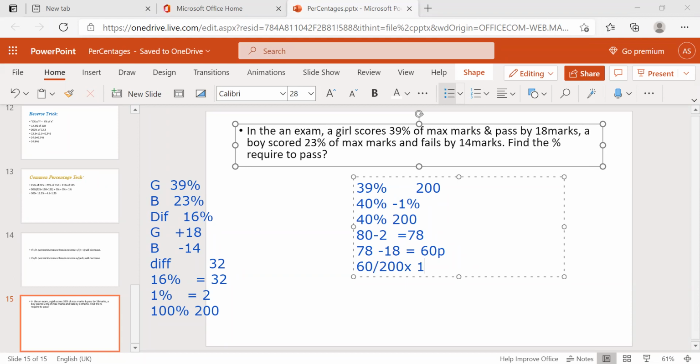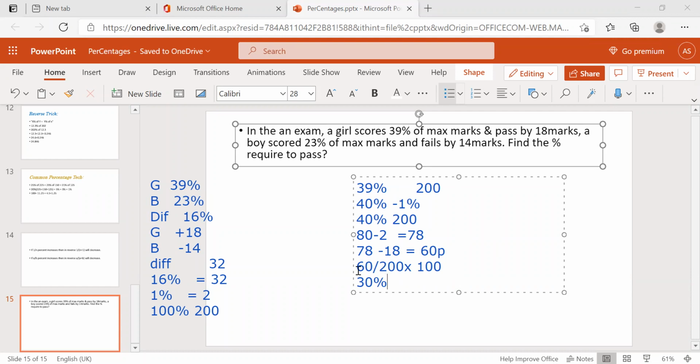Sorry, into 100. It's nothing but 100 will get cancelled to 30. 30% is the pass marks. So 30% is the pass marks. Okay.